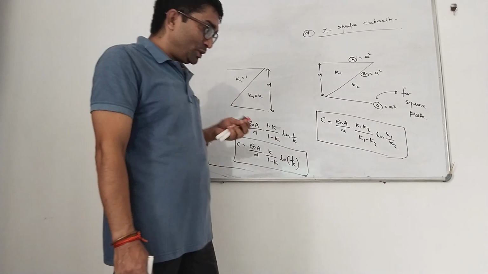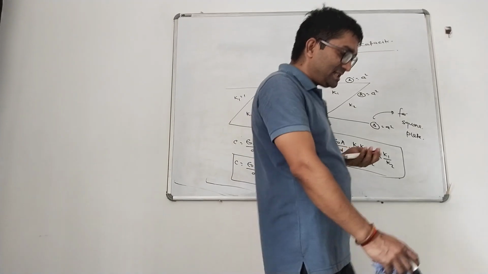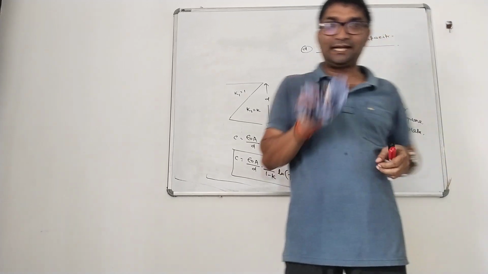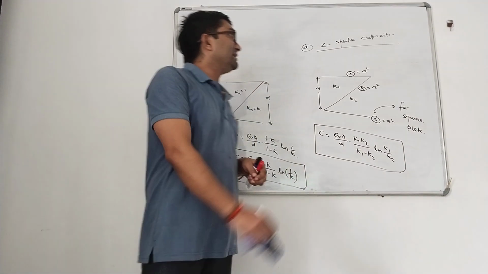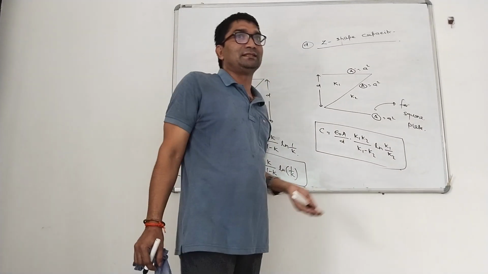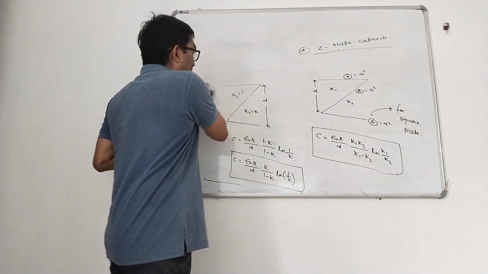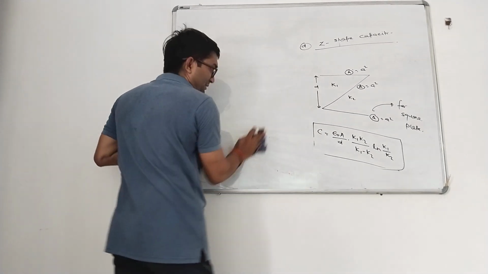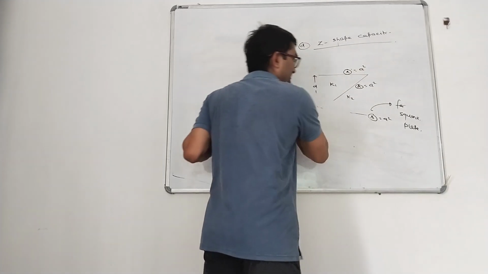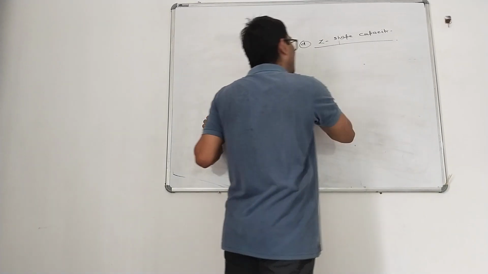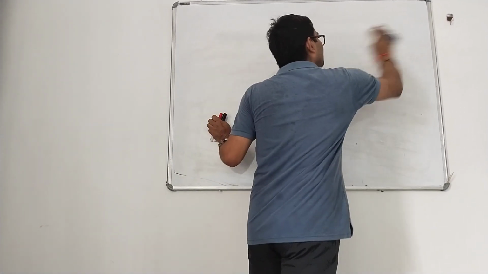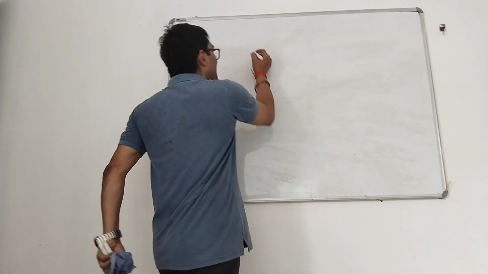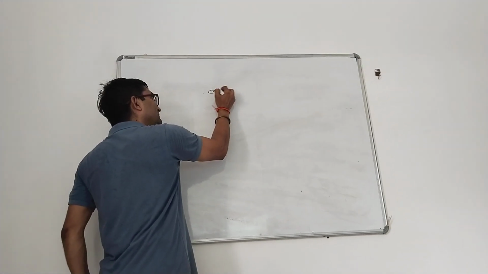Second thing, I have already told you initially that when I insert the dielectric inside the plates, their capacity will change. One more concept I want to take from there. The concept is capacitor with dielectric.